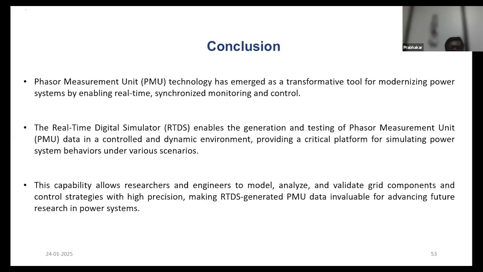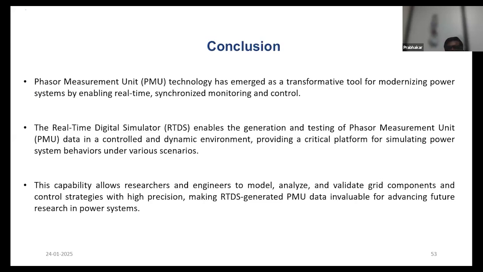This capability allows researchers and engineers to model, analyze, and validate. So you can see modeling is possible for different applications accordingly. Whatever modification you want to do, you create a new model, because that platform is also available in software, which helps to modify your PMUs. Then you can do the analysis with the help of that, and you take a grid, with high precision, making RTDS generated PMU data.